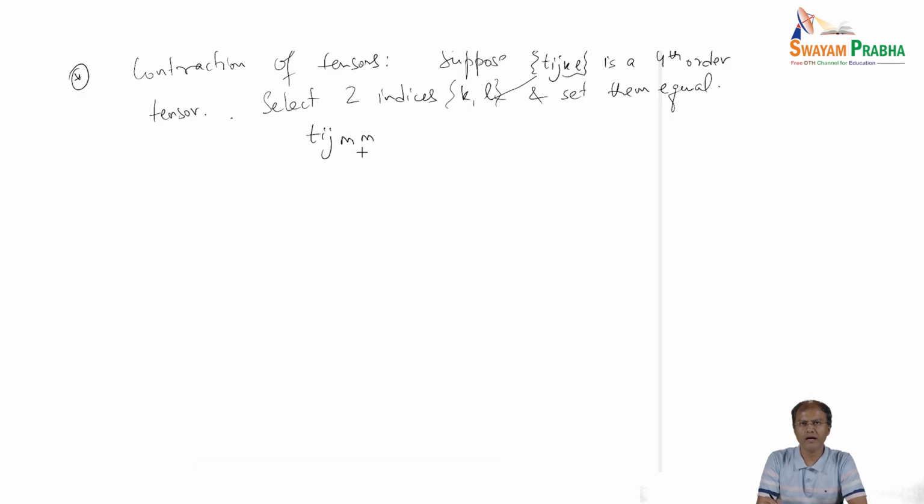Whenever we have a repeated index, it means that we are summing over this repeated index. So this is Tijmm, with m from 1 to 3 in 3D space, which means this is now going to be a second order tensor.